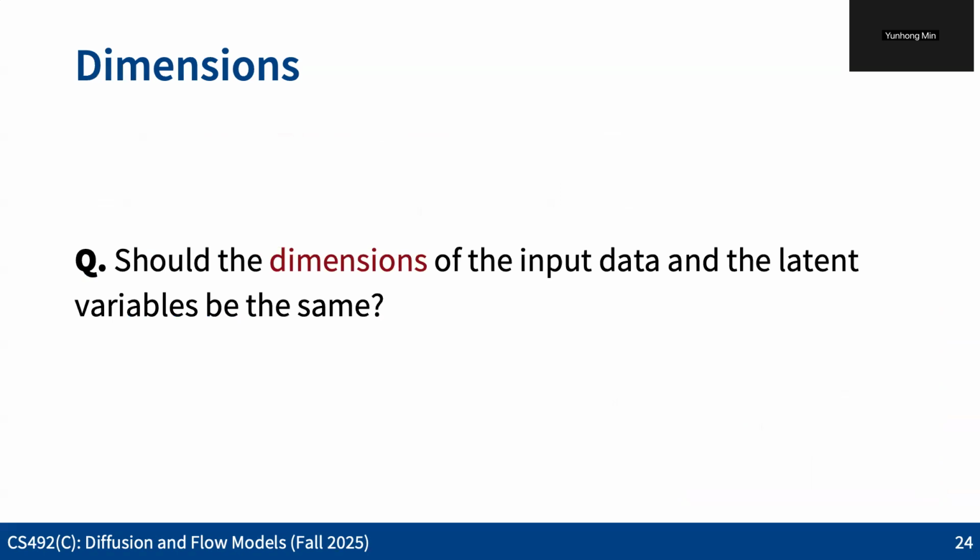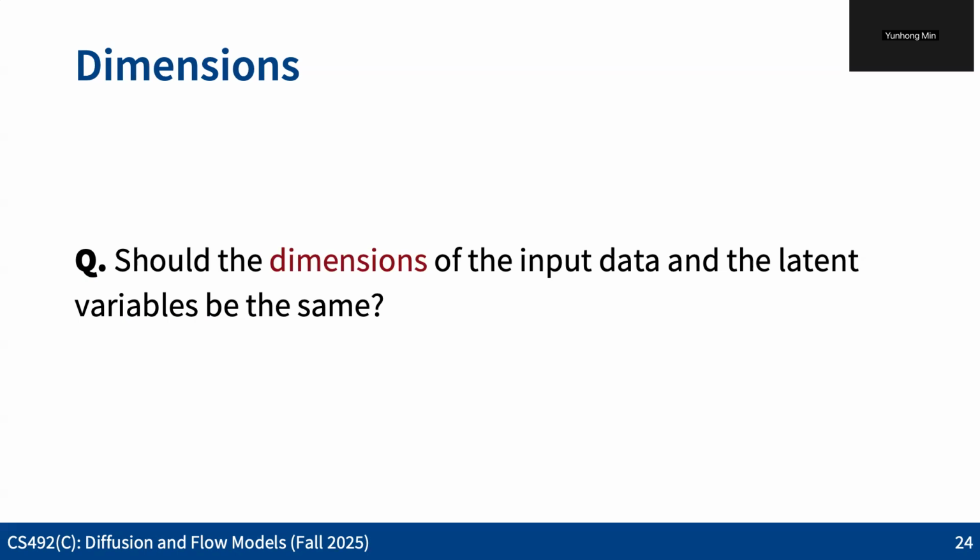Because the mappings from the data point to the latent variables, and the other way around, are all defined by the neural net. So it's okay to have a lower dimensional or higher dimensional space for the latent space. Typically for VAE training, we set a lower dimensional latent space, right? So that's the basic idea.